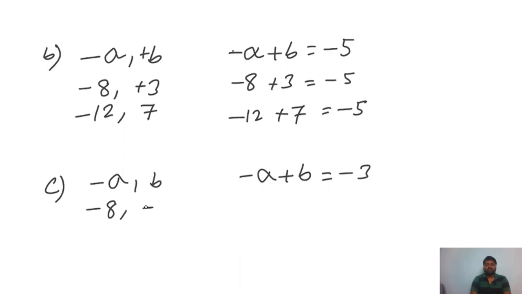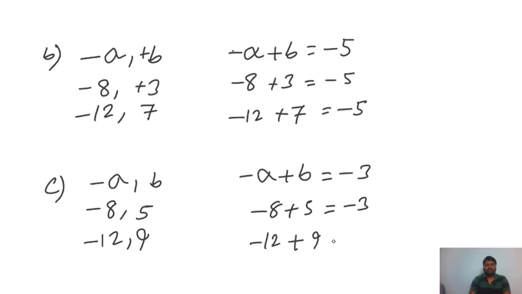Just put 5, because minus 8 plus 5 equal to minus 3. Again, suppose we choose minus 12. So what can the number be? The number is 9, because minus 12 plus 9 is minus 3.